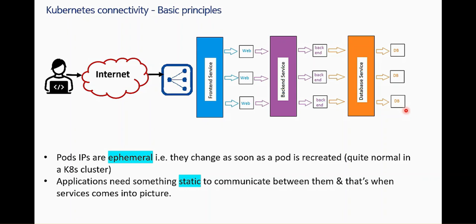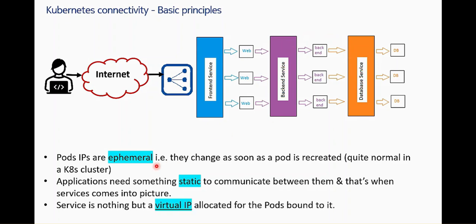Every pod has to communicate with each other, right? But these pod IP addresses are temporary. So how can we communicate with these components? We need something which is called a service. So now we will create a front-end service, a back-end service, and a database service.